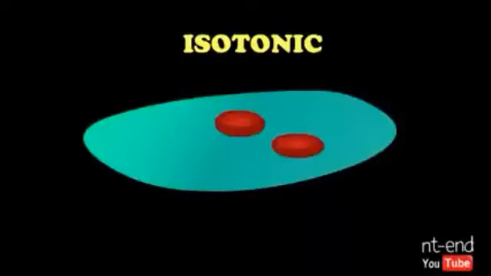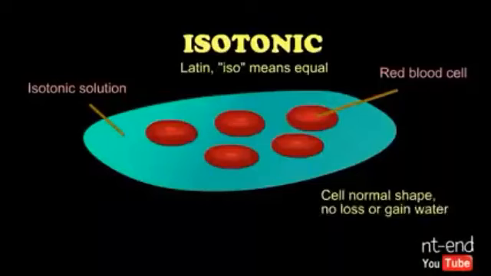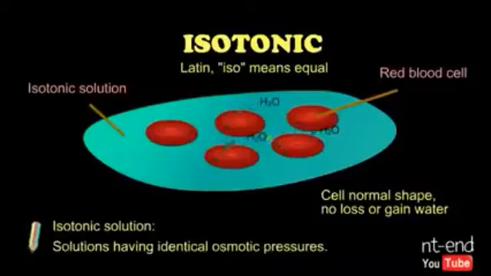For example, the cell, when we put it in water which has an equal solution, there is no transfer of movement between them. So this process is called isotonic, and the medium is called isotonic solution.